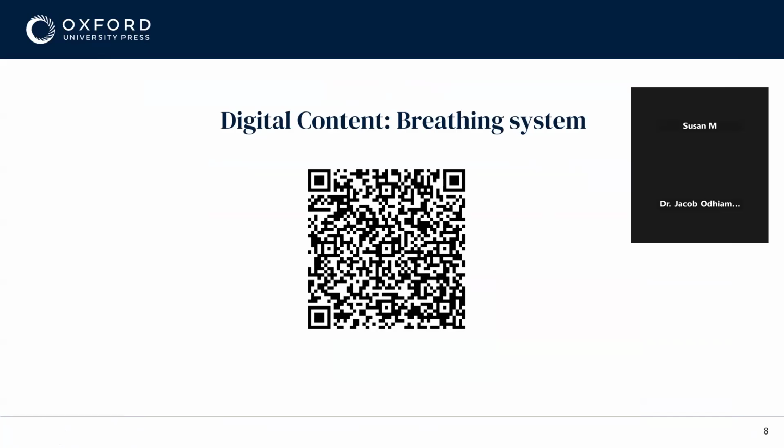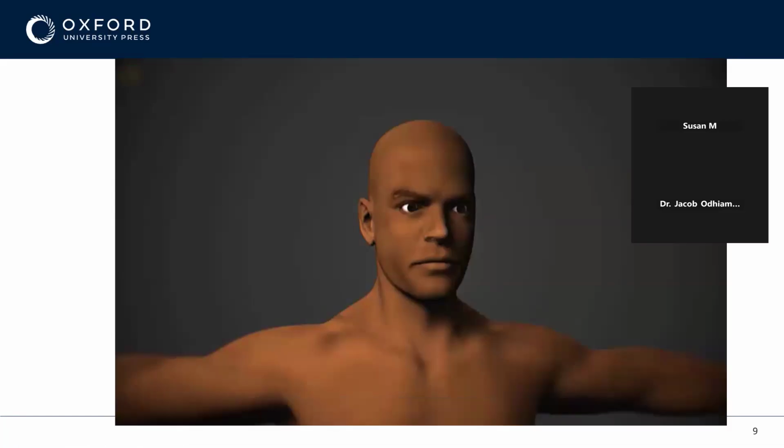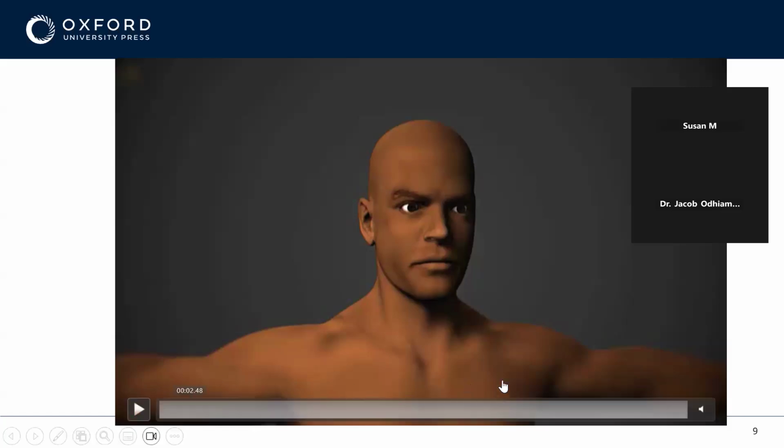If you scan this QR code, it will guide you to this video, which I believe we can listen to as we have a few more minutes before we start. So once you scan it with your phone using Google Lens on your Google search bar, this is a video that comes up on the breathing system. I believe we can listen in, and I hope you can hear the sound from your end. You let me know.